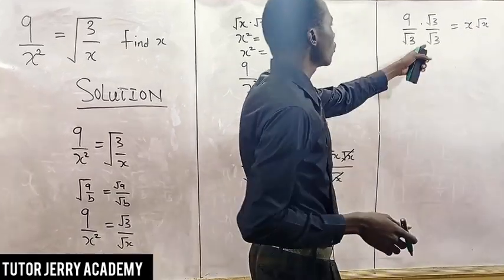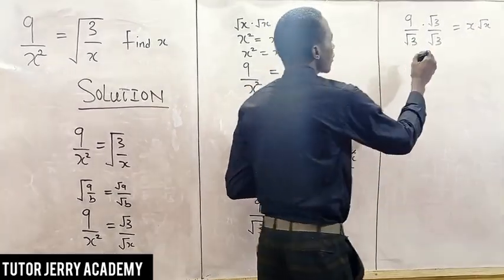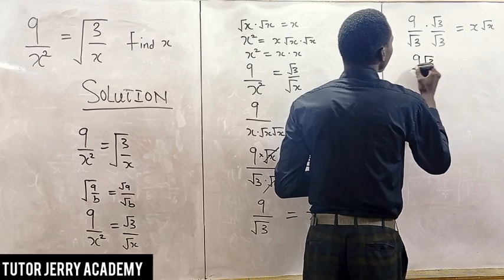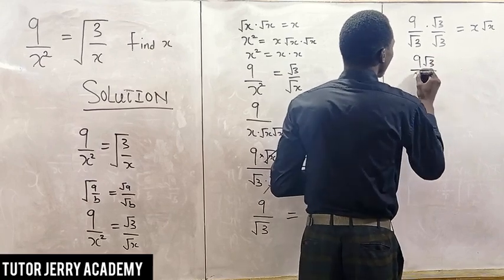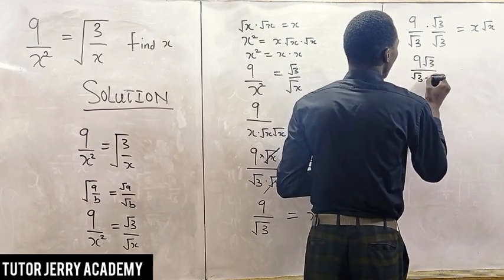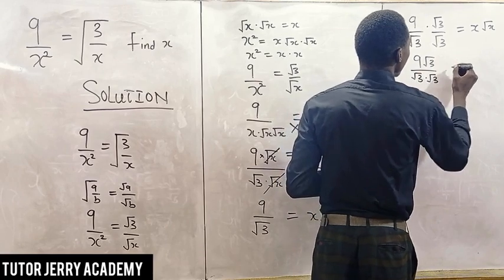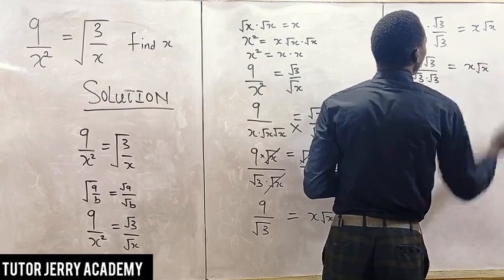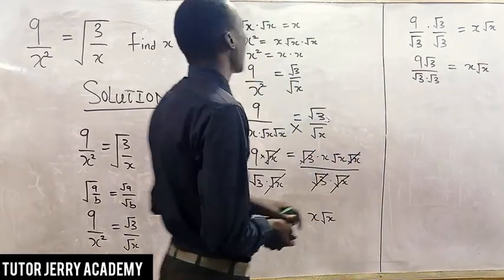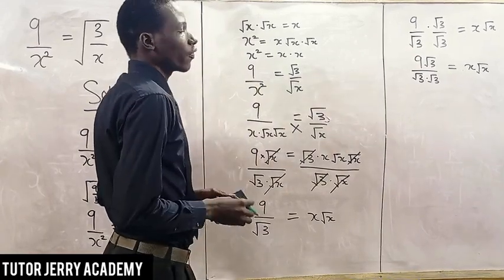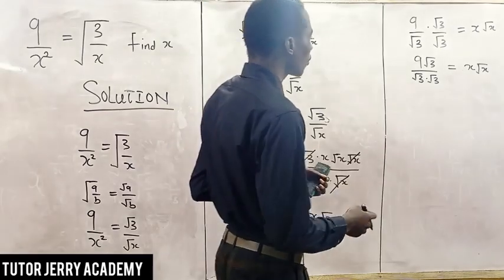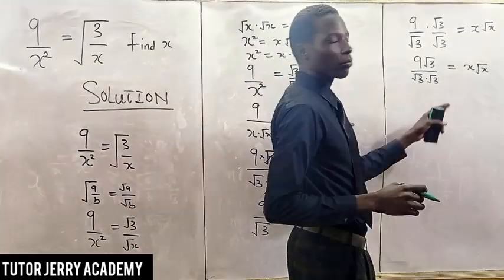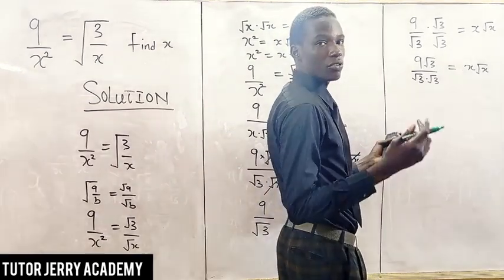So next, this can be written as 9 root of 3 all over the square root of 3 multiplying the square root of 3, which is equal to x root of x. And don't forget, we are asked to find the value of x. Now, from our laws of surds, like I just explained earlier, the square root of 3 multiplied by the square root of 3 is nothing but 3.